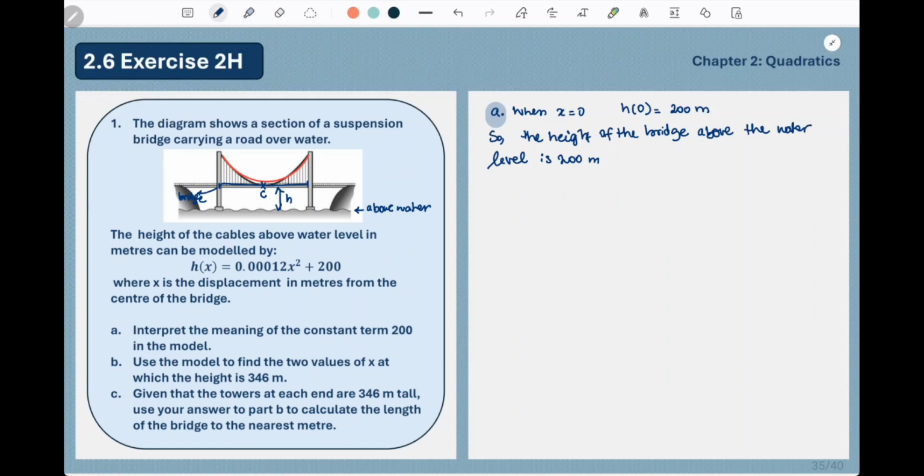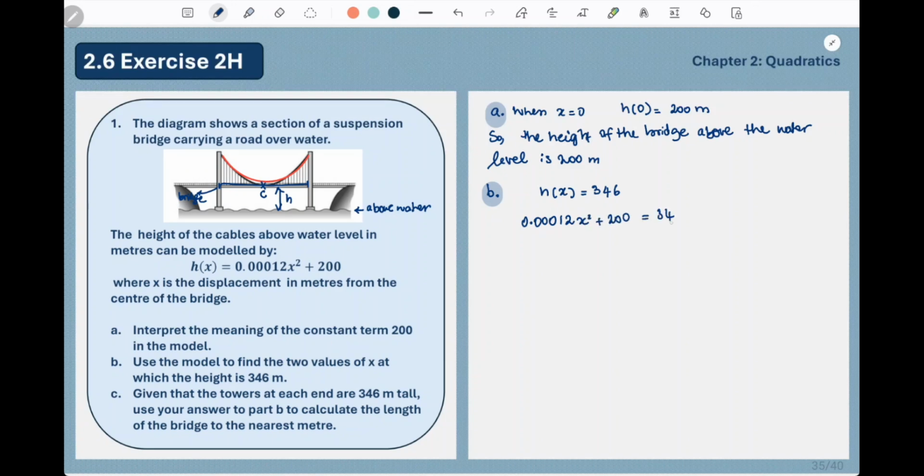And then we have to use the model to find two values at which the height is 346 meters. So this is a simple quadratic equation that we have to solve. So h(x) equal 346. We would replace by the initial values that we're given.